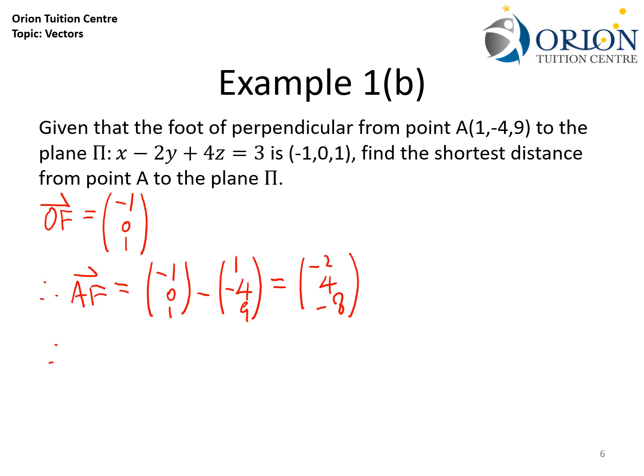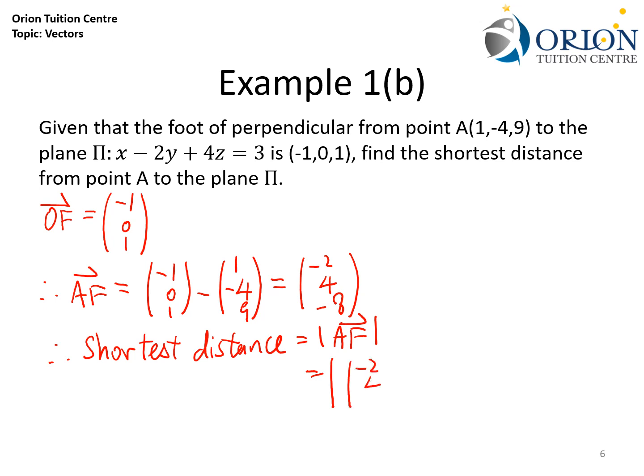And therefore, the shortest distance will be equal to mod AF, which is equal to mod of (-2, 4, -8), which becomes square root of 84 units.